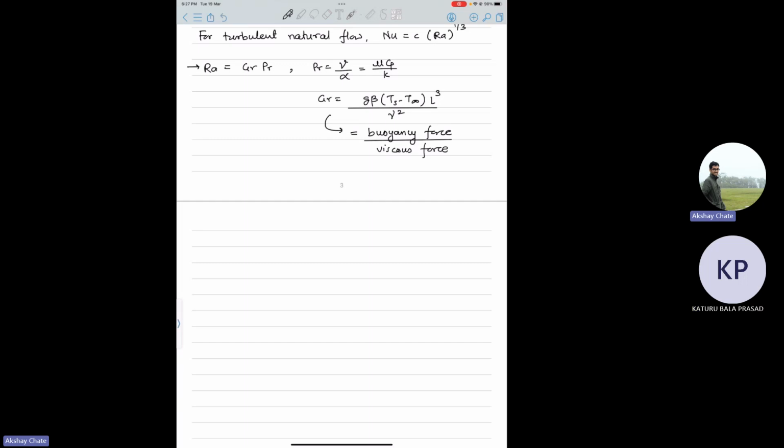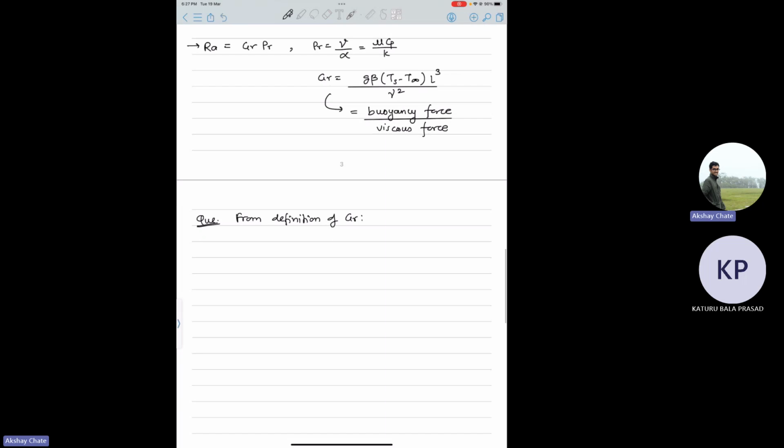Okay, so from the definition of Grashof number, we know the Grashof number is a function of g, which is typically constant.